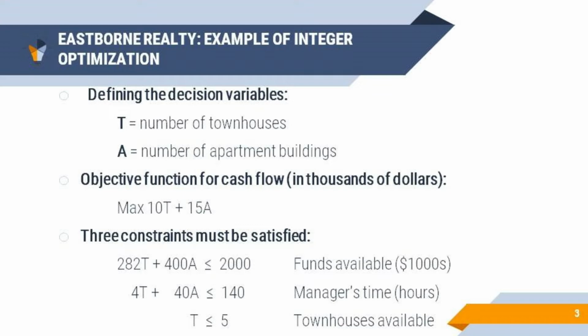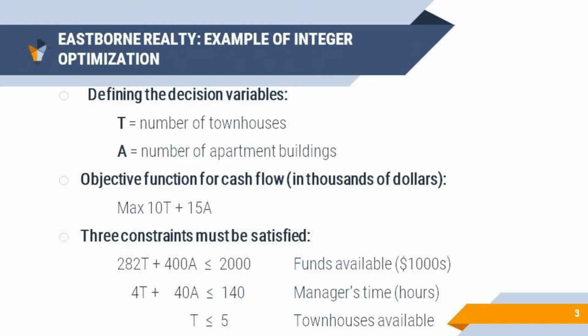Now that we know what our decision variables are, we can put together our objective function, and that is to maximize 10T plus 15A. We have three constraints that must be satisfied. First, we have to look at 282T plus 400A, and it has to be less than or equal to 2,000.